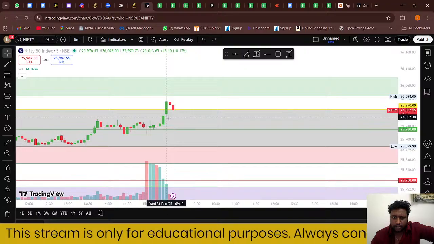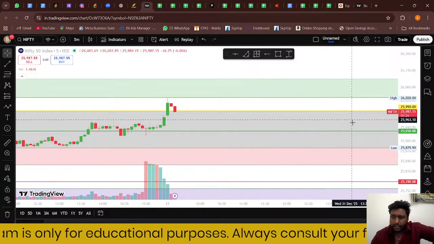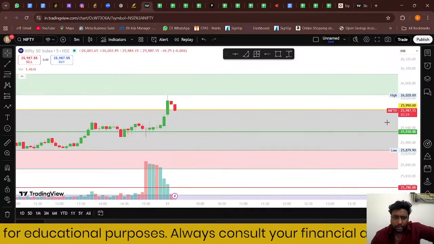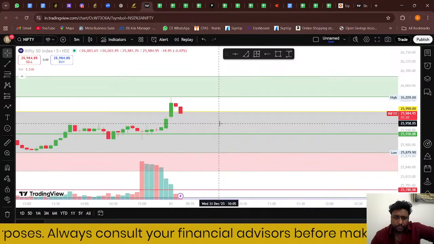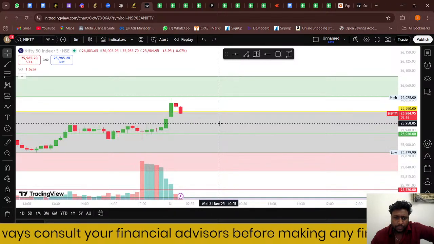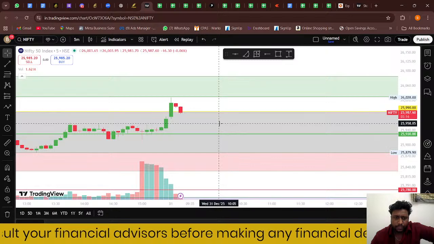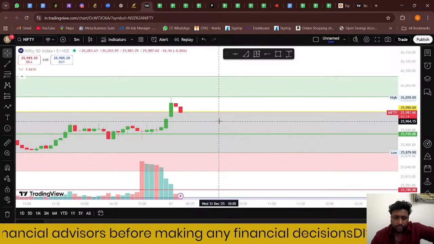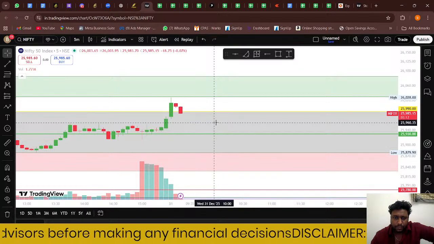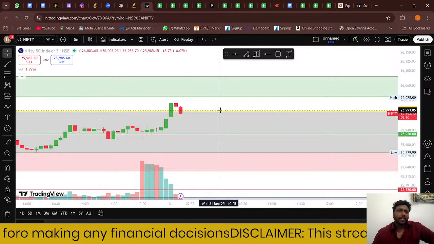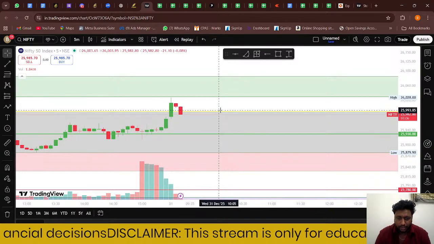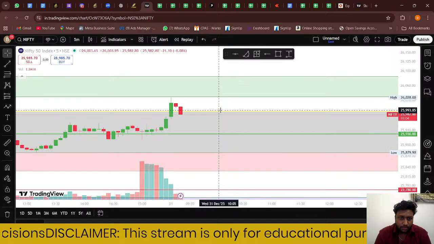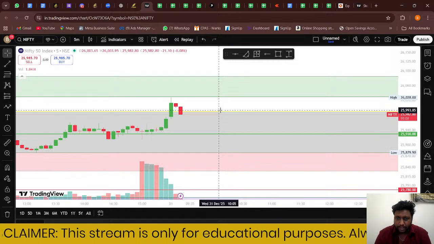Okay, and it is now below our resistance one. So let's just wait. Today we have a pretty tight range, and when it comes to a close range, it almost always hits the levels and comes back.